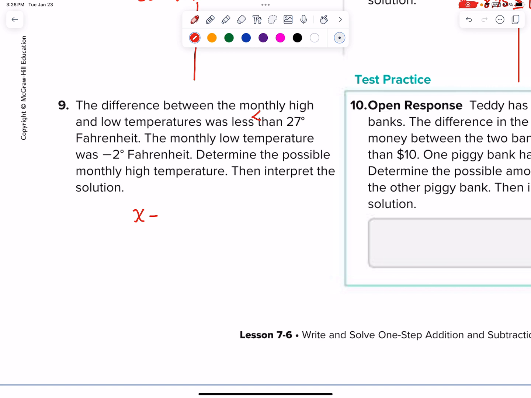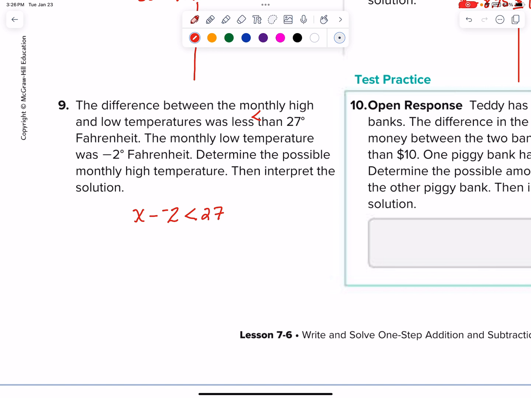So the monthly low temperature was a -2. Look, you're doing high minus low. Don't do x minus 2. It's x minus a -2. And you know that that's technically x plus 2, but we'll leave it as is for this moment.